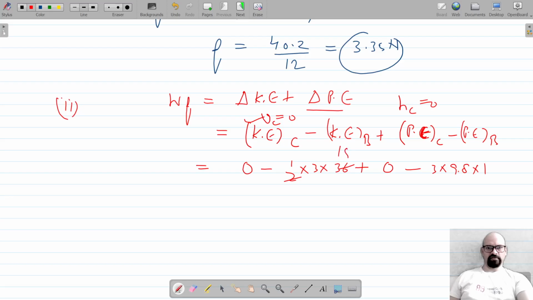So the kinetic part is 54 and the potential part is 29.4 joule.